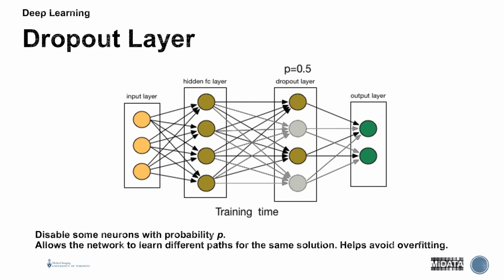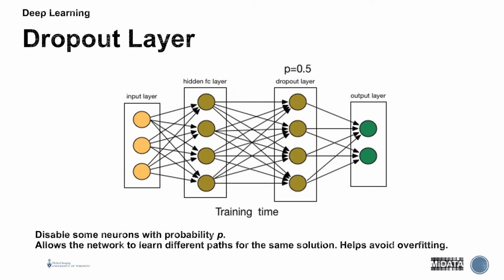So the next layer is the dropout layer. And what we're doing here is we're disabling some neurons with a specific probability p. Let's say, for argument's sake, a probability of 0.5, right? And what this does is it allows the network to learn different paths for the same solution.